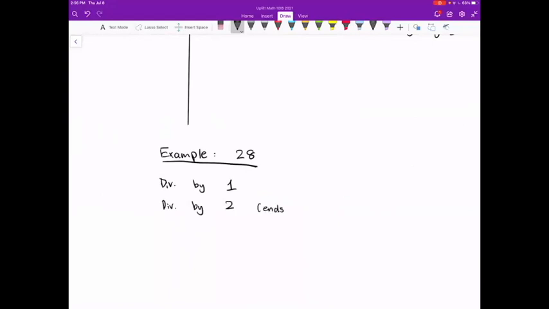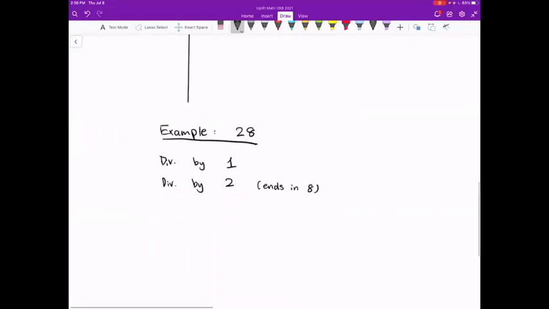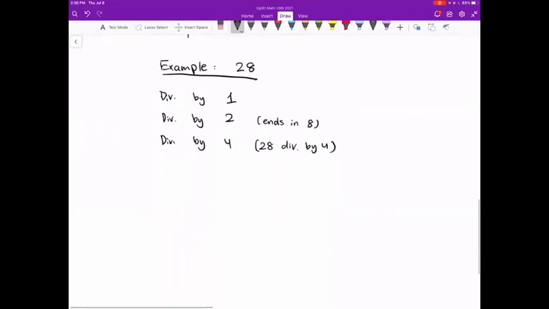And then we also know that it's divisible by 4. It doesn't end in 0 or 5, so it's not divisible by 5. And the same goes for 6 because we don't have the number 3. But we can see that when we apply the divisibility rule for 7, it is indeed divisible.